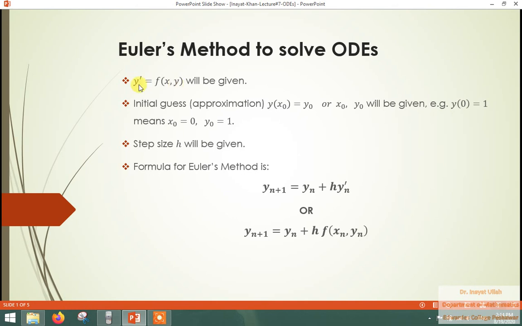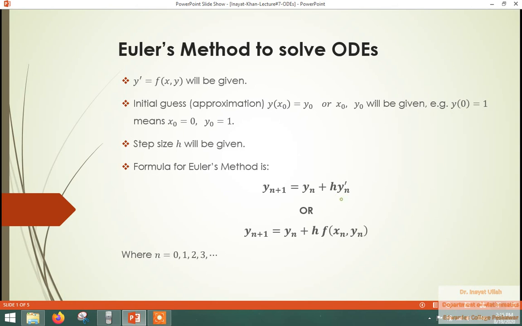If you replace y by yn and x by xn, then yn prime is equal to a function of xn and yn. That is the second notation for Euler's technique. But the first one is simpler to remember: yn plus 1 is equal to yn plus h times yn prime, where n varies from 0, 1, 2, 3 and so on.